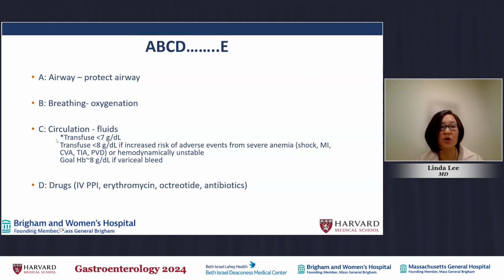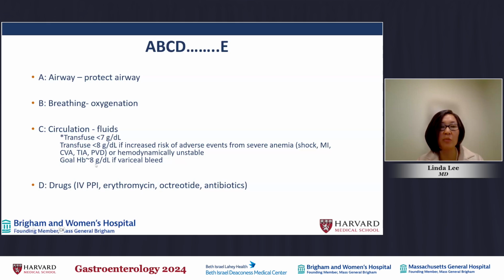And the things that I've starred here throughout my talk refer to recommendations from the relatively recent ACG guideline on upper GI bleeding. They, as well as others, recommend transfusing when the hemoglobin goes less than 7. However, less than 8 if the patient is at increased risk of adverse events from severe anemia or if they're hemodynamically unstable.